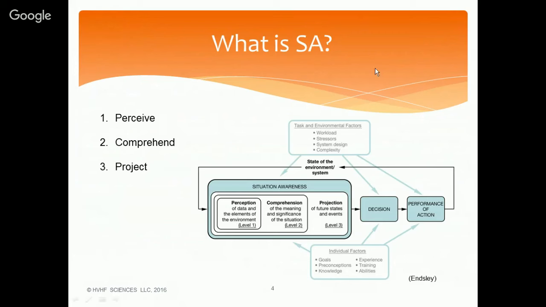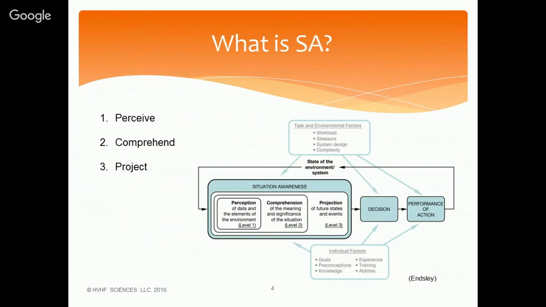And then on the top, you see the task and environmental factors. Those are the amount of workload, the amount of multitasking that is going on, the time stress, and the imminent threat, and that causes emotional arousal in terms of how people see and what they see and how they prioritize. And then the complexity of the system design.